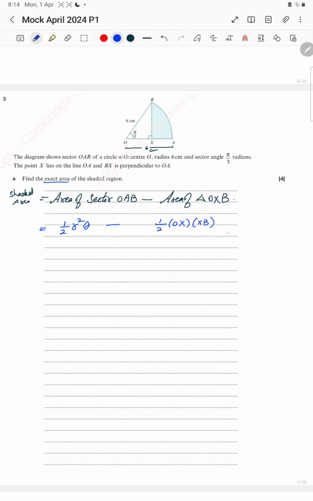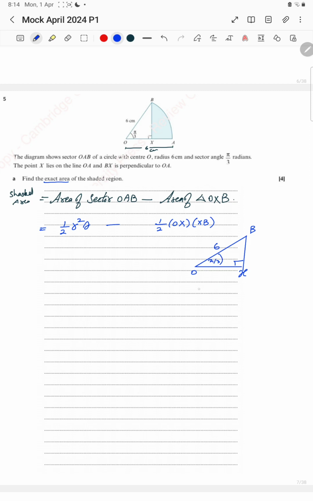So for these two values, I know this is a right angle triangle OXB, this is 6, and we don't know what this is, and the only angle we know is pi by 3.